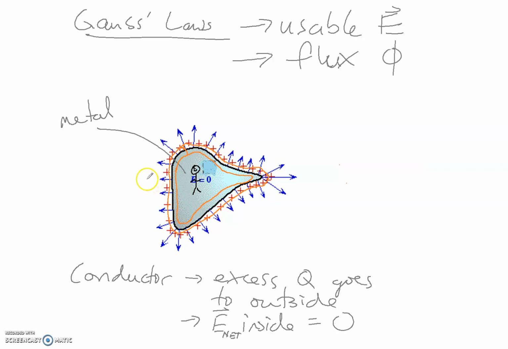Now, of course, if you go outside the car, then you're not safe because you are now outside of the enclosed conducting area. You can then be interacted with by the electric field and all that kind of stuff. Then it's not going to work out well for you. So the safest place to be is inside a metal conductor, and nothing's going to happen to you if there's electricity involved. Okay, so that's another application and idea for Gauss's law.